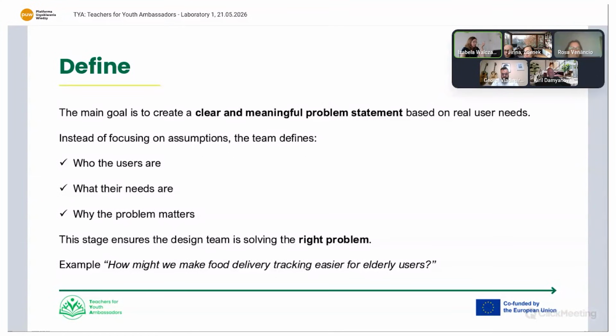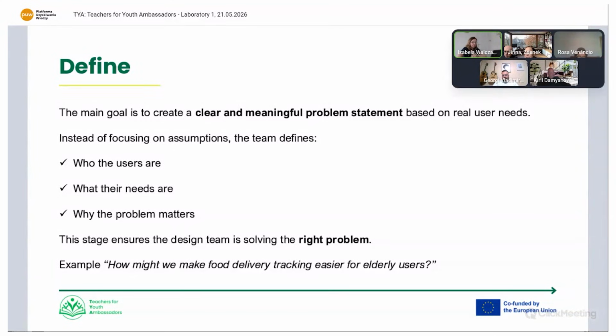So we say, our users need a way to do whatever, because we have this insight and we've got their priority. This how might we question is a good way to summarize the define stage. So how might we change our application so it is more user friendly for, for example, senior users? This is an example of a problem statement.